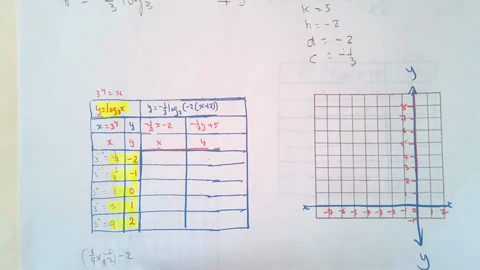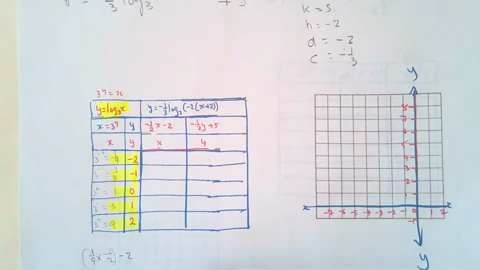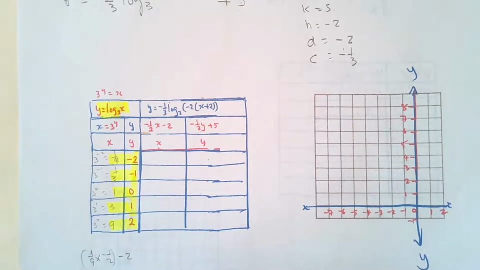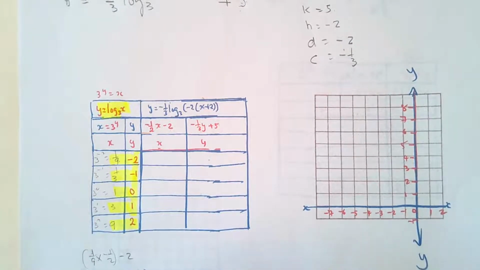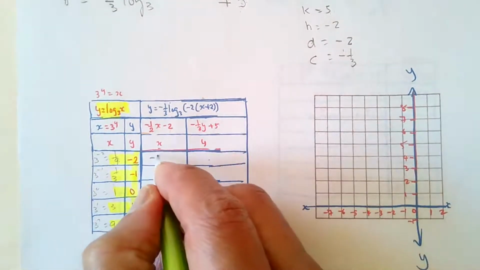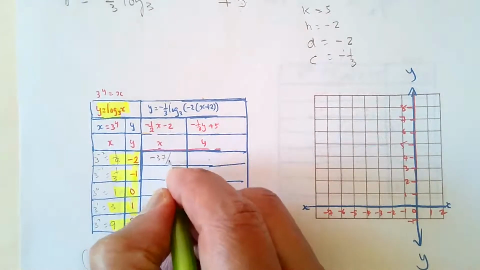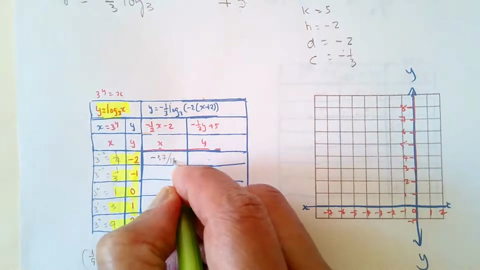That would give us negative 1 over 18 minus 2. So that would give us negative 37 over 18.